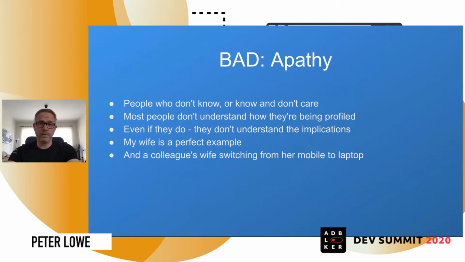A good example is my wife, who has consistently resisted my efforts to install ad blockers on her devices. I've been running my block list for 23 years, and I've been married for 8 years, and I never had any success until the pandemic, when my wife's company set up an online shop.